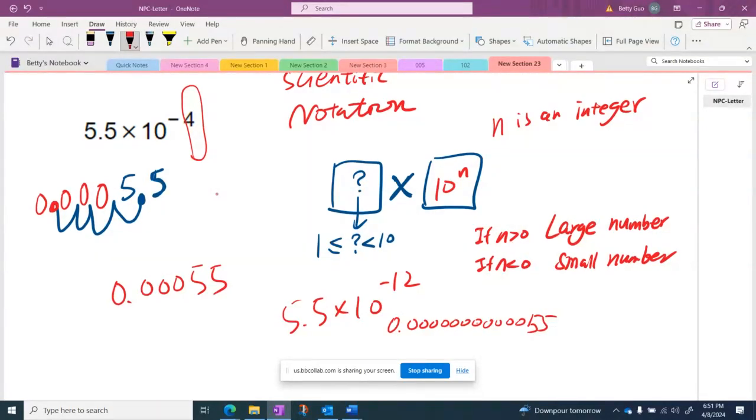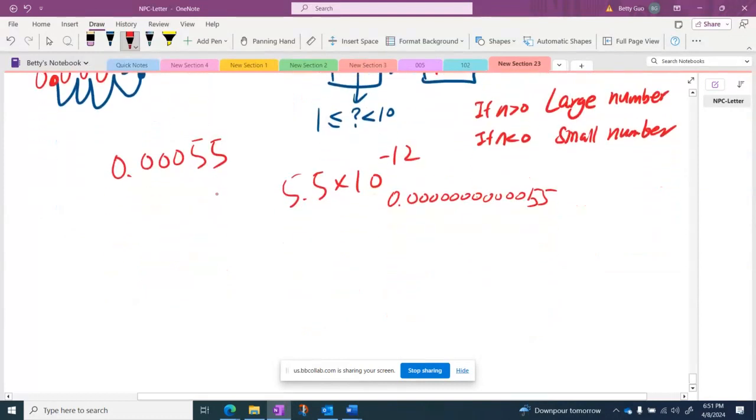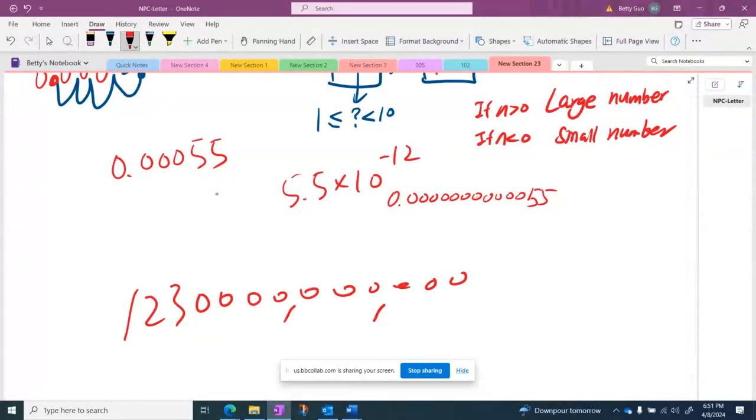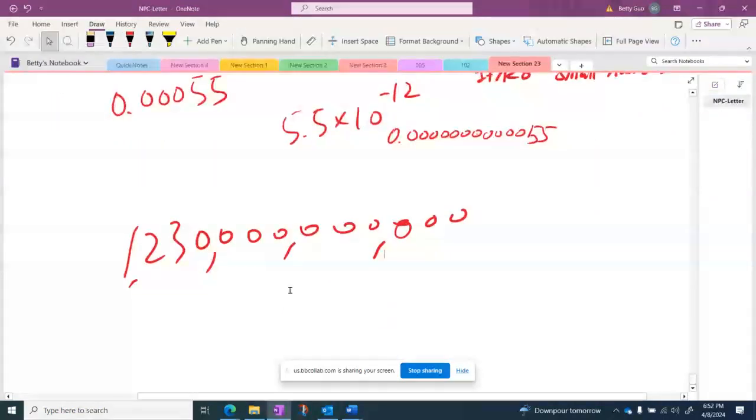Same with a large number. If we have a very large number, let's say 1, 2, 3, 0, 0, 0, 0, 0, 0, 0, 0, when we have a lot of zeros, it's very easy to make a mistake, missing 1 zero or having 1 extra zero. Then we could use a scientific notation to record this very large number.